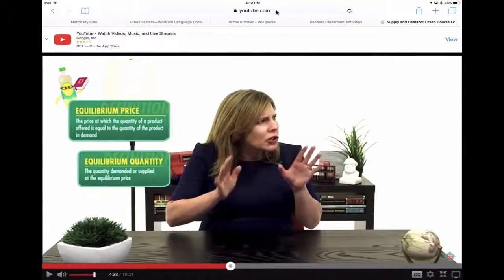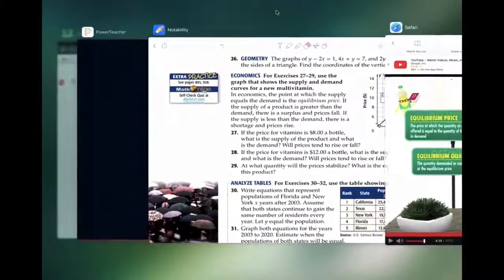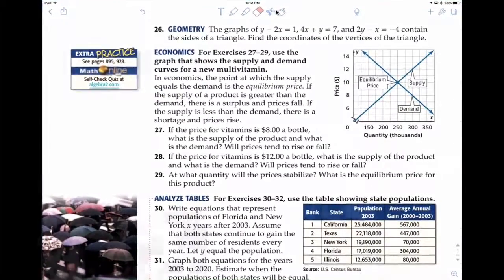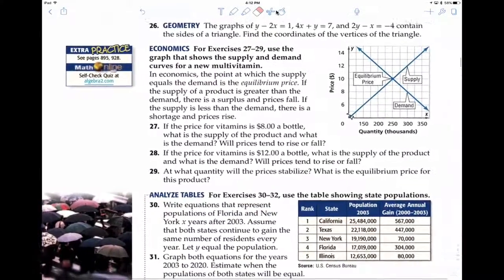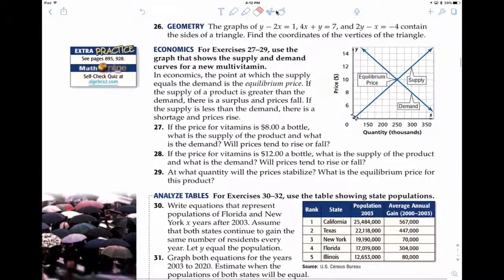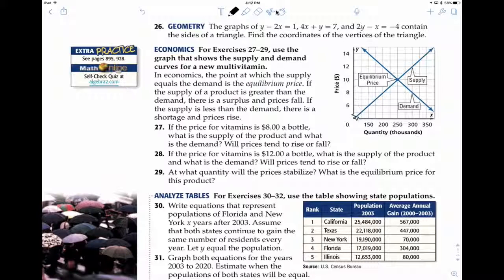Okay, so here is that graph, and the main takeaway is that there is this equilibrium price, which is the intersection of the two lines, of the two graphs that can be represented by equations.